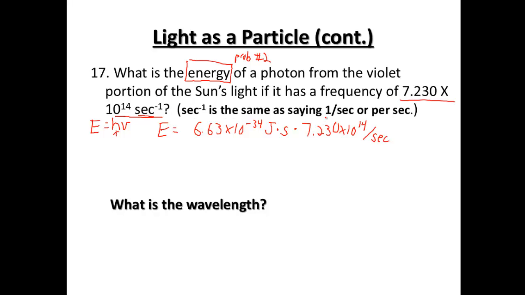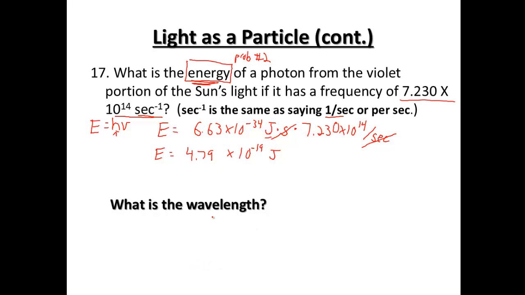Same unit here and here, so the seconds cancel, leaving us with just the joule. So energy, 6.63 times 10 to the negative 34th times 7.23 times 10 to the 14th, comes out to about 4.79 times 10 to the negative 19th joules. And that's our unit for energy. When we're solving for energy, the unit is the joule.